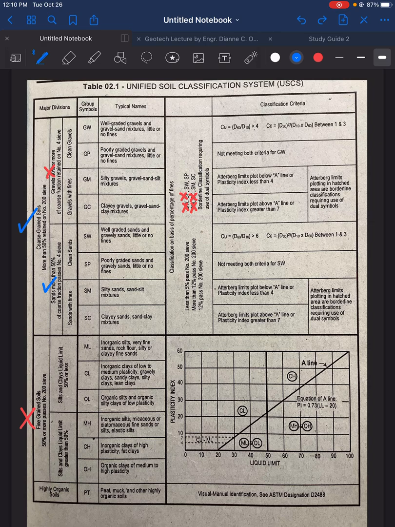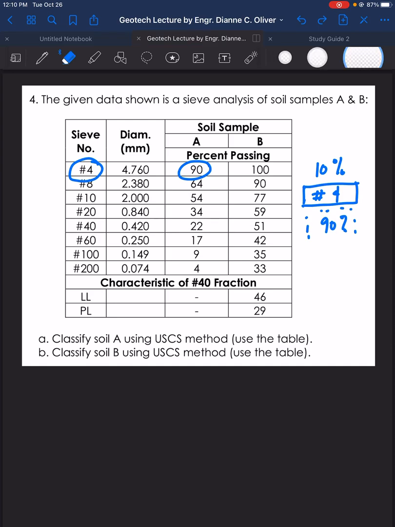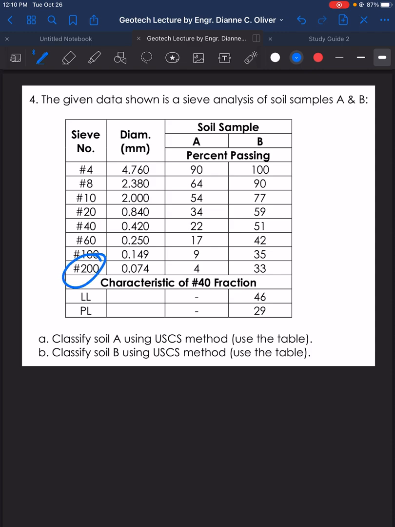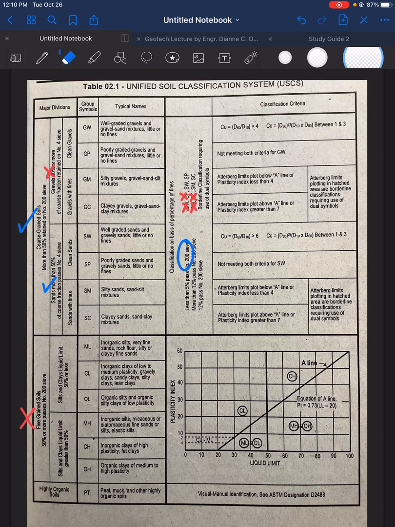Okay, again, let's go back to number 200 sieve. So number 200 sieve says there we have 4% passing. So if we have 4% passing for number 200 sieve, therefore this is the criteria that it fits, not this portion here.